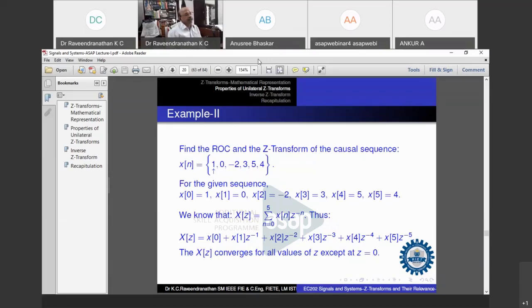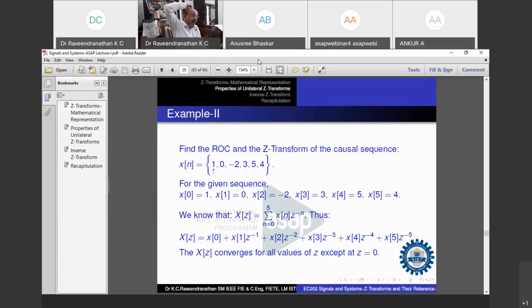See, support is actually those values of n for which x of n is defined. Suppose you have an impulse function delta of n. It is defined only at n equal to 0 and is 0 for all other values, so it can be called a finite support signal.